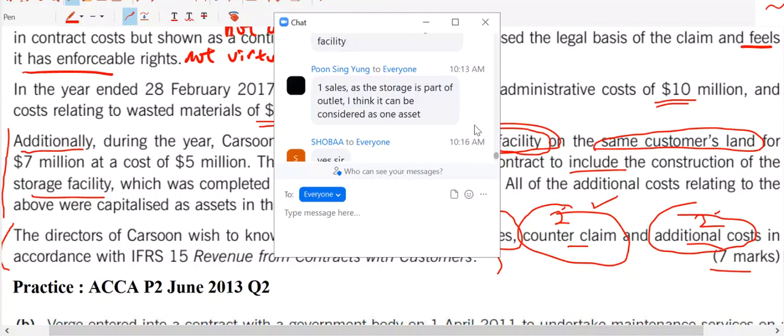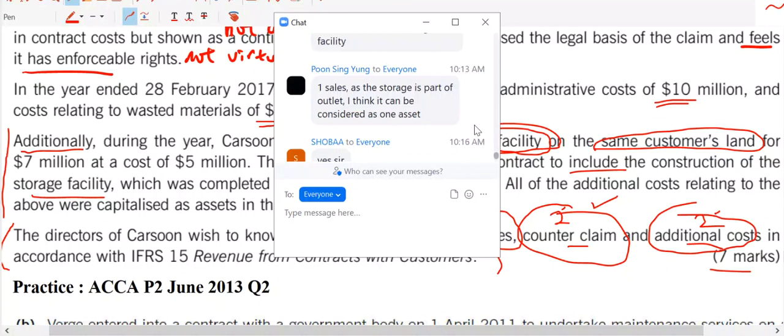So head office and retail outlet, I don't see any close connection between the two. And if the question says the modification will result in a new head office, the outlet could still continue. So they modified the contract to add in the head office on different land, another place.